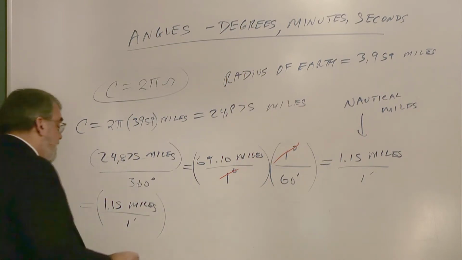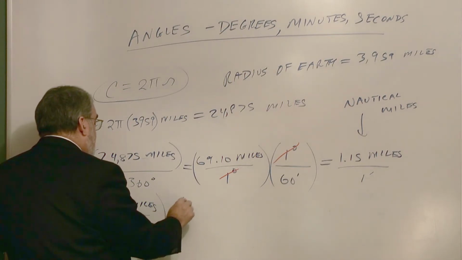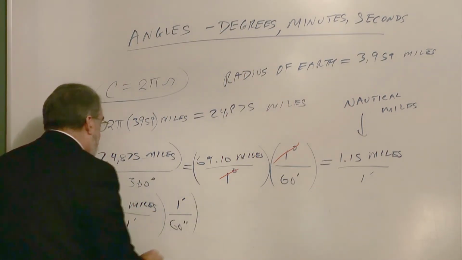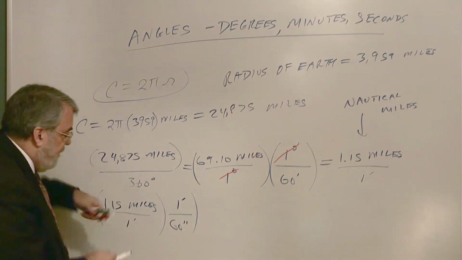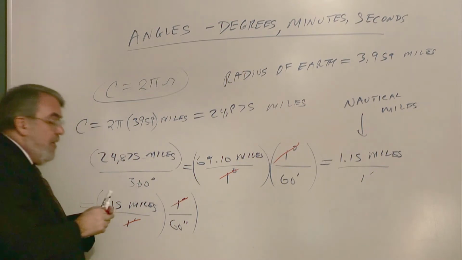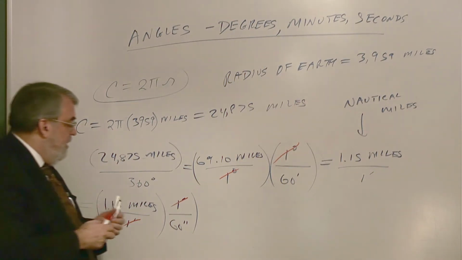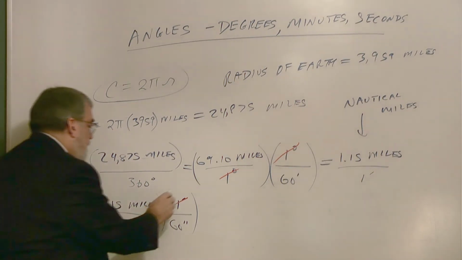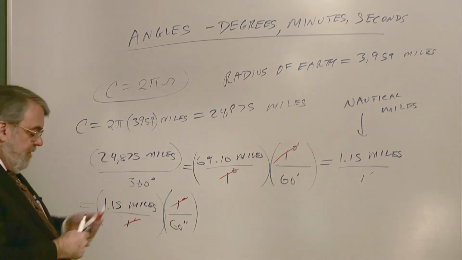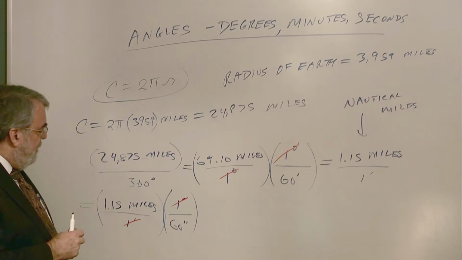I convert to seconds: 1 minute is 60 seconds. So I'm going to cancel the minutes and replace them with seconds. By the way, part of the reason I go through this exercise is I want to introduce you to the idea of dimensional analysis.